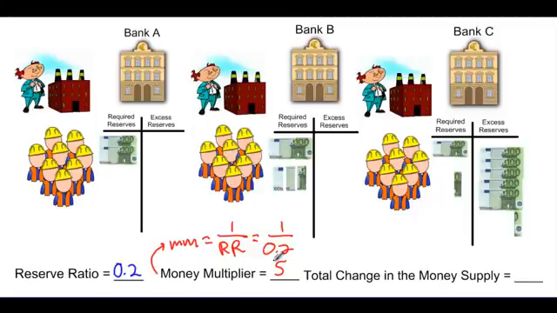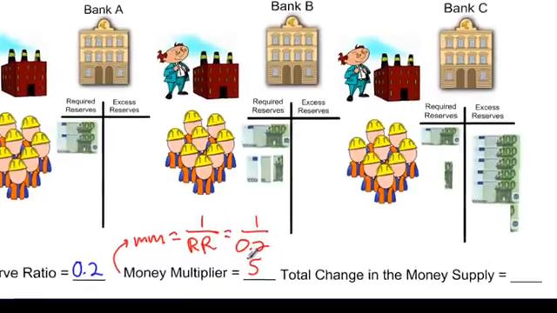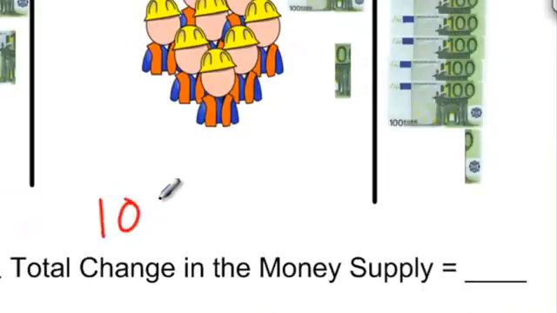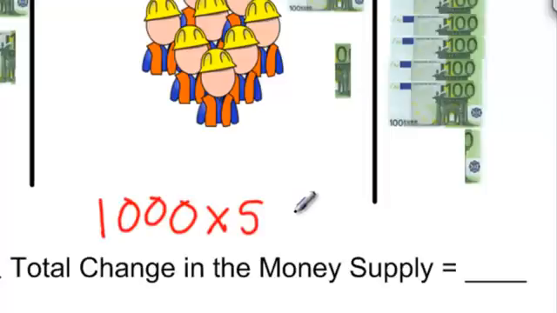The total change in this money supply following the 1,000 euro change in deposits at the beginning of this process will therefore be 1,000 euros times the money multiplier of 5, which gives us 5,000 euros.